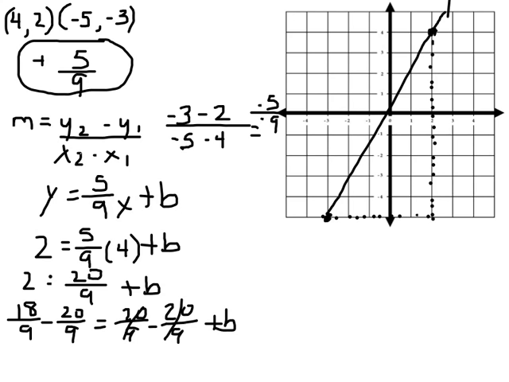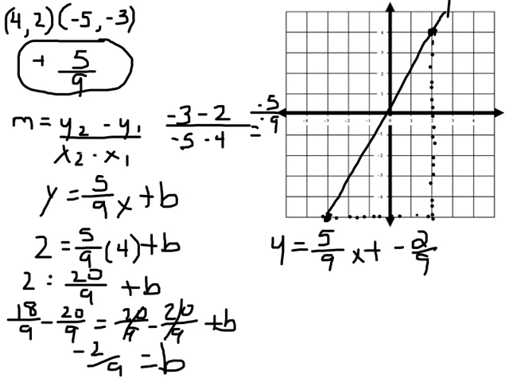So I've eliminated these two, and here I have negative 2/9 equals b. So my y-intercept then is negative 2/9. So in this line, we could say the exact equation of this line is y equals 5/9 x plus negative 2/9, or y equals 5/9 x minus 2/9.